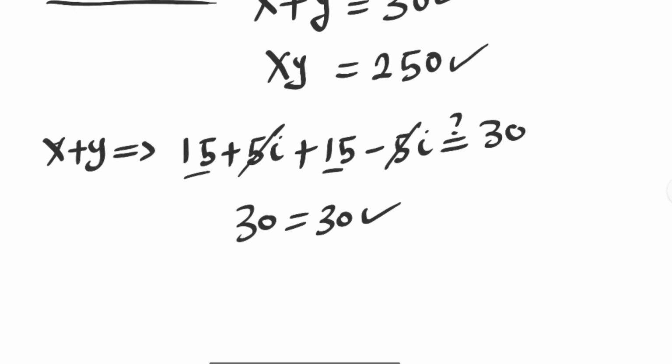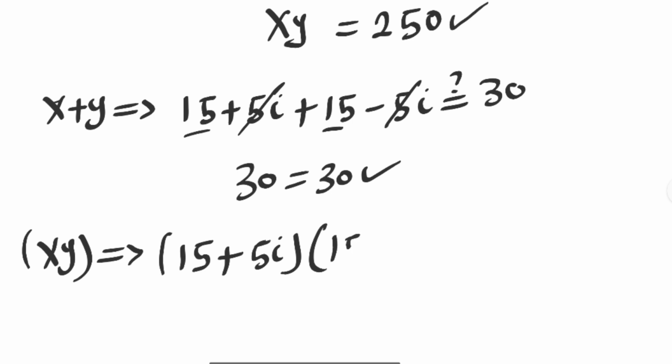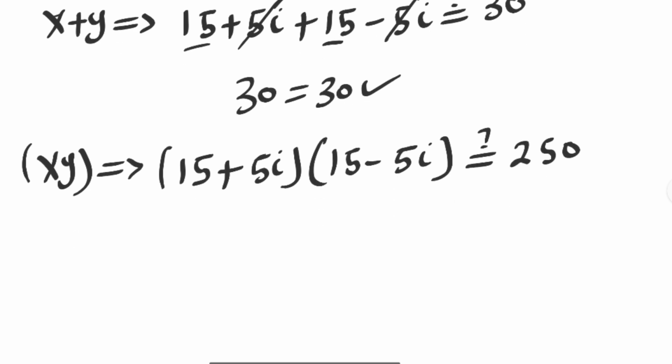Let us consider this. xy, 15 plus 5i multiplied by 15 minus 5i, must be equal to 250. Then here we have 15 multiplied by 15.